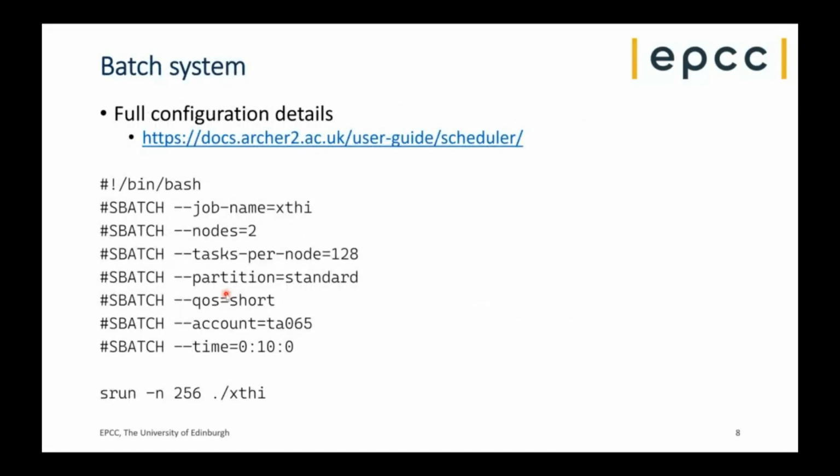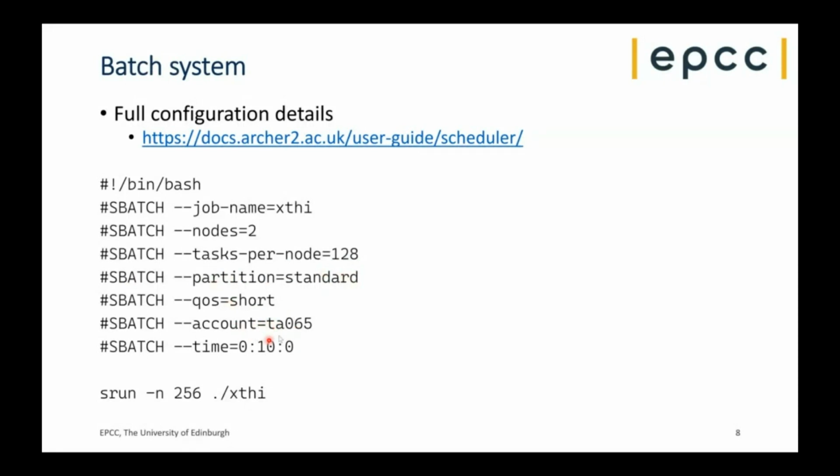Okay, what does the batch system look like? Well, we generally write a batch script to submit our jobs to it, and for Slurm it looks like this. There's a good document here which tells us how to use it on ARCHER2. I can specify the job name, how many nodes I want, how many tasks to run per node, and then I specify what part of the system I want to run on with what configuration, and my account name.